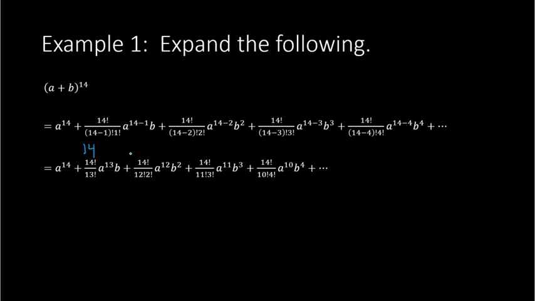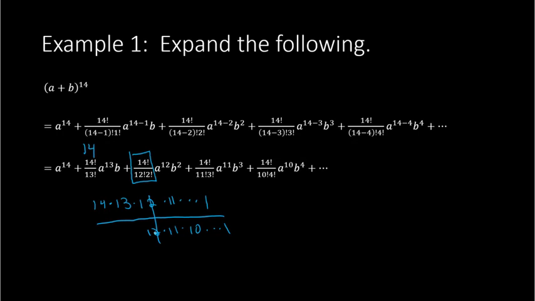So the next one, we have 14 factorial over 12 factorial times 2 factorial. So again, you want to make sure you can start doing these pretty quickly in your head. And we can realize that 12 all the way down to 1 will cancel out with factorial. Because 14 factorial is 14, 13, 12, 11, etc., all the way down to 1. The 12 factorial is 12, 11, 10, etc., all the way down to 1.